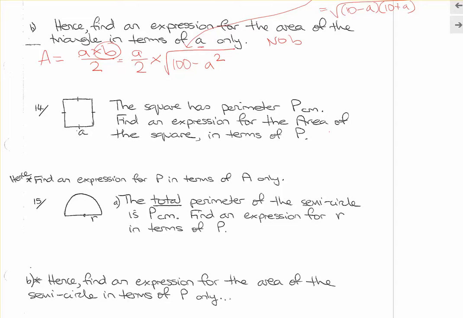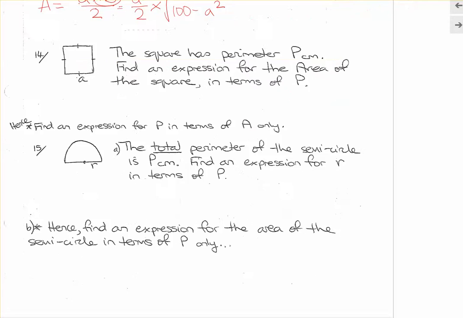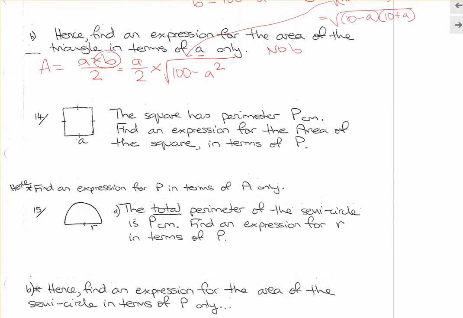Right, so we're running out of room here clearly. The sheet's quite tight. Into the bottom of the page. The square has got perimeter P, so clearly P equals 4A. A plus A plus A plus A. Find an expression for the area of the square, which would be A squared, but we want it in terms of P. In other words, I don't want any A in that formula for the area.